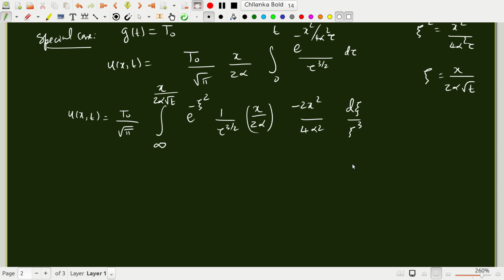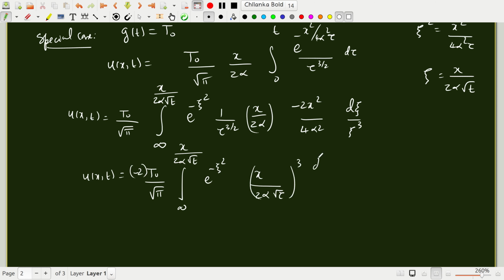Now u of x,t becomes T naught by root pi, integral infinity to x by 2 alpha root t, e to the minus zeta squared, and I'll pull the minus 2 outside. So this will become x by 2 alpha root t whole cube, because you have x squared by 4 alpha squared, which I write as x by 2 alpha the whole squared, there's another x by 2 alpha, and then there is t to the 3 halves. Everything can be clubbed.